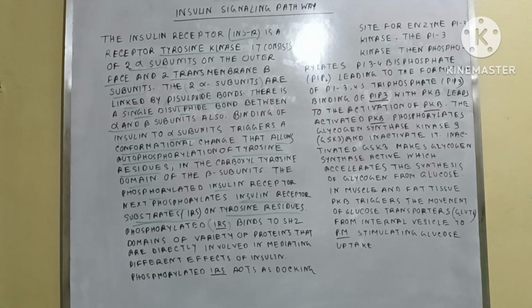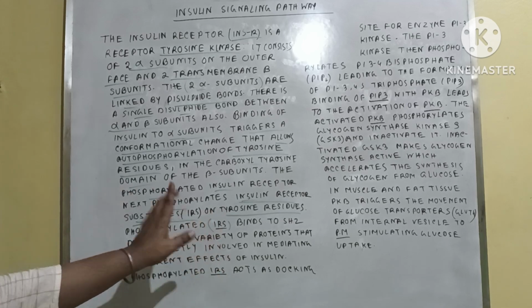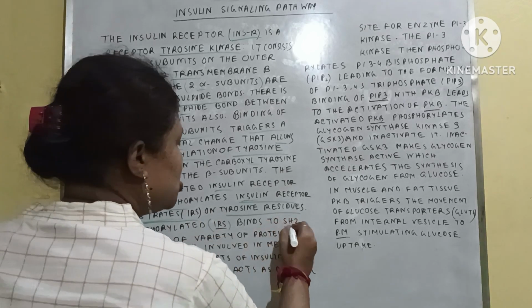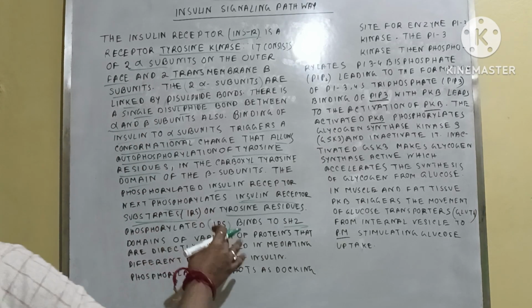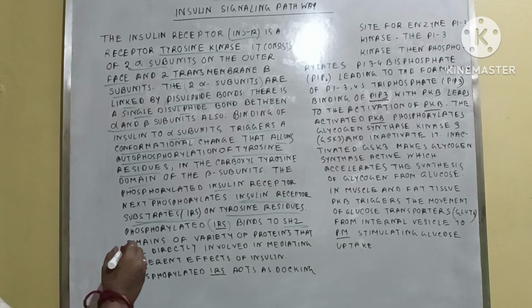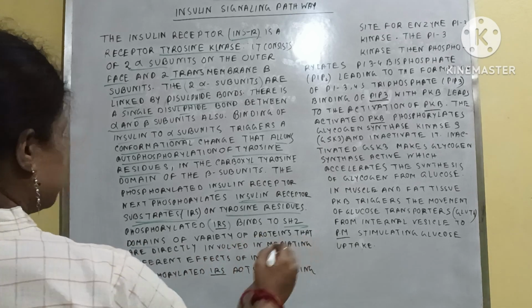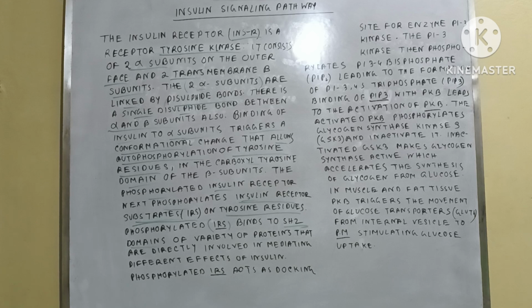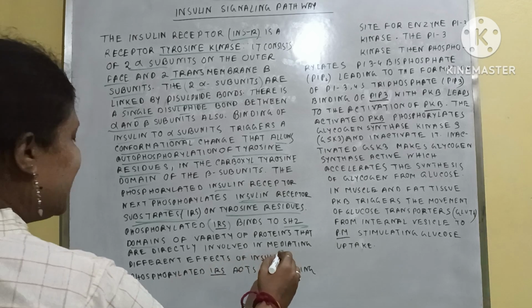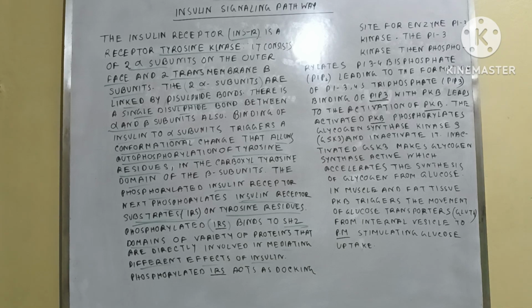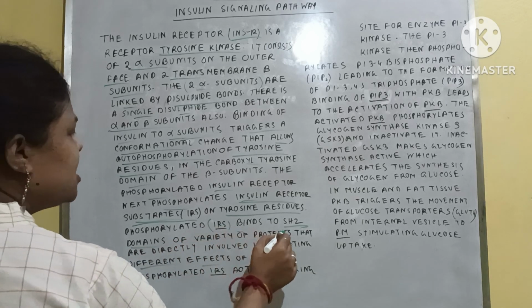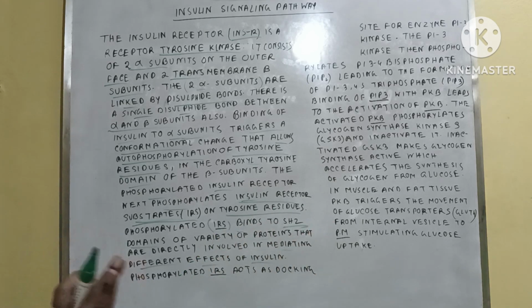This tyrosine phosphorylated IRS binds with the SH2 domain. When the IRS becomes phosphorylated, it binds with the SH2 domain, which is present in proteins that are directly involved in mediating different effects of insulin. So keep in mind that this IRS binds to the SH2 domain of the proteins.